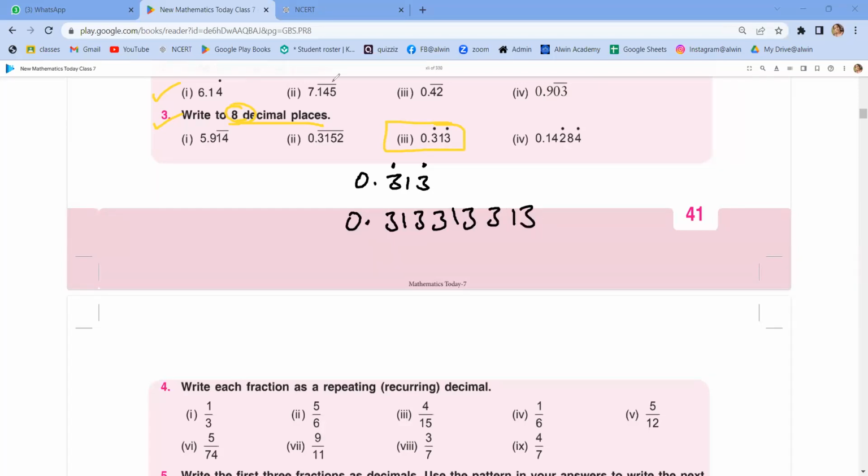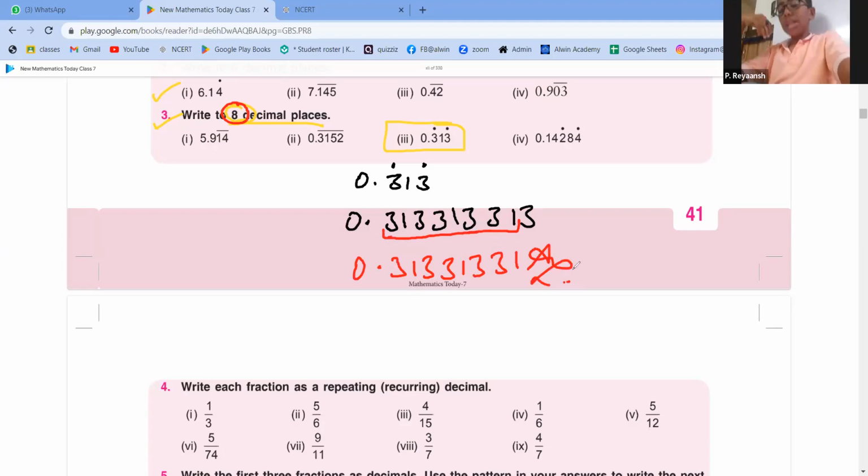But these are 9 places that I have taken. They have asked you to only take 8 decimal places. So 1, 2, 3, 4, 5, 6, 7, 8. Only till here you will take the answer. So the answer is 0.313313. That's it. Ma'am, can you go to the next slide? I want question number 4. Ma'am, I got confused.